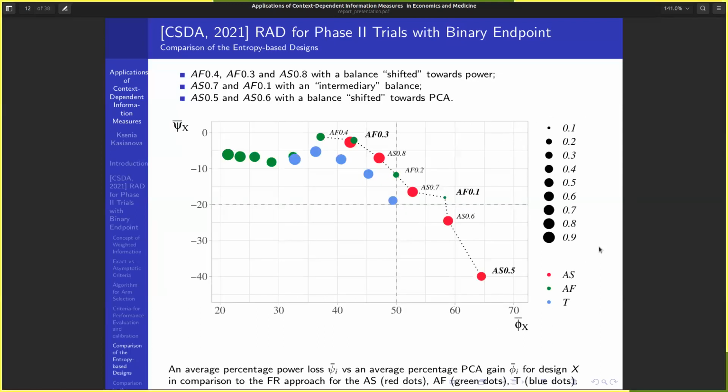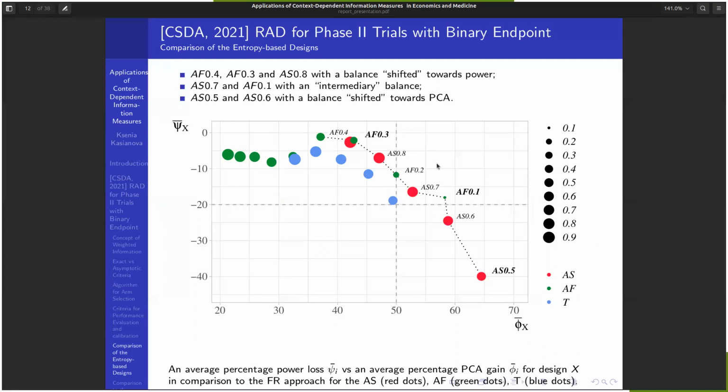In this plot, we are showing that indeed, using our method with different criteria, asymptotic or exact, we can achieve the goal of finding different balances. At the top, we have the balances which are shifted towards power, and below, to the right of this plot, we have the designs with the balances shifted towards probability of correct allocation. So the best designs are the ones at the top and to the right of this plot.